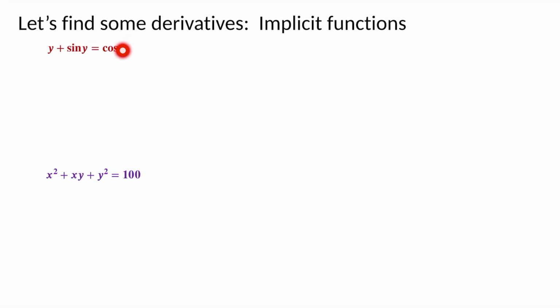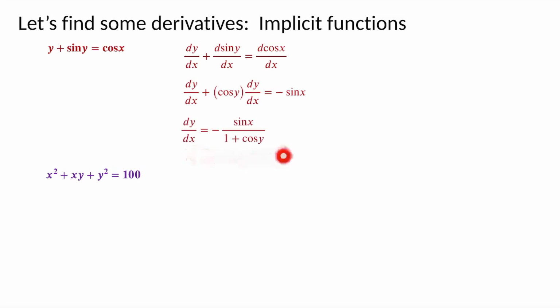You simply take the derivative of every expression on the left hand side with respect to x, and likewise on the right hand side. You take the derivative of both sides with respect to x, every expression. And then you try to assemble all the terms which have dy by dx together on one side, and take the dy by dx part common, so that you can get some kind of an expression for dy by dx through some simple manipulation.